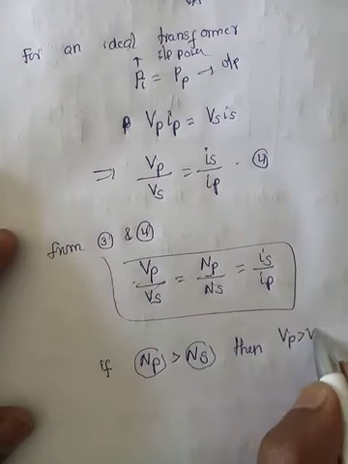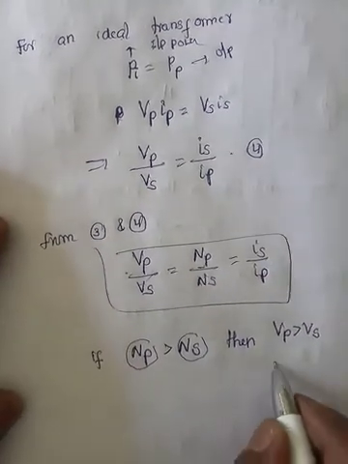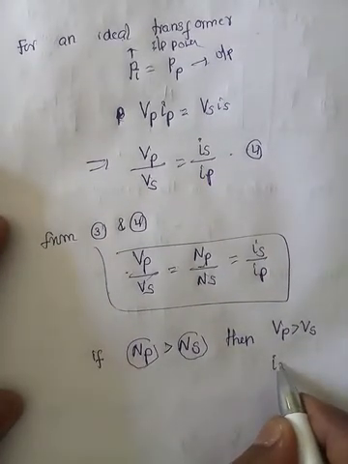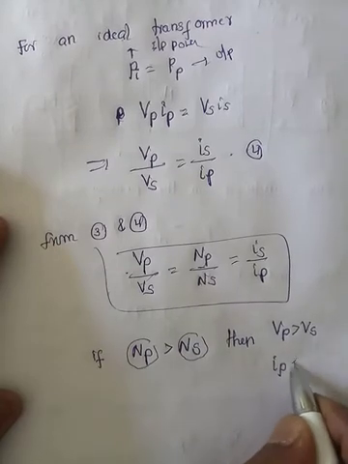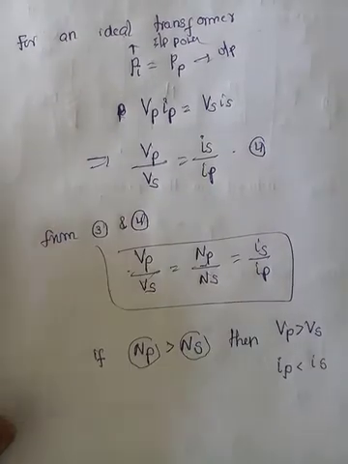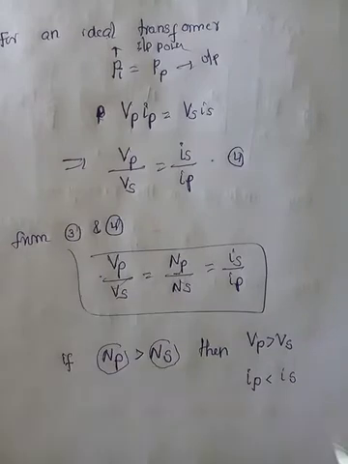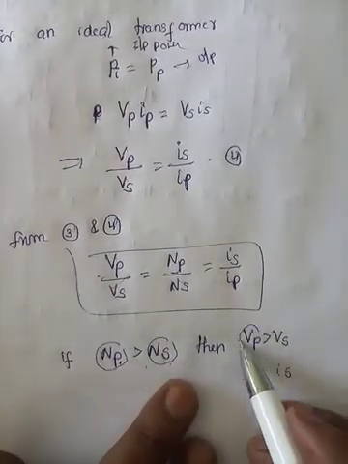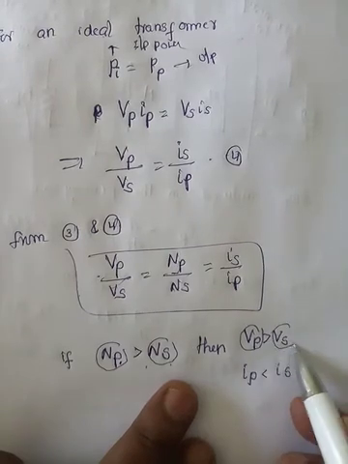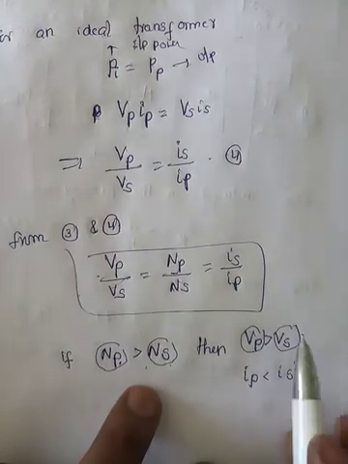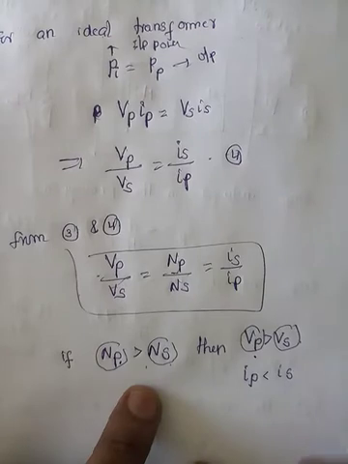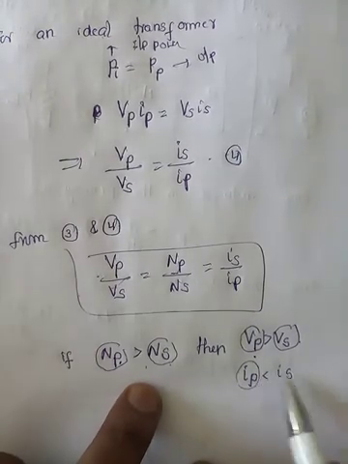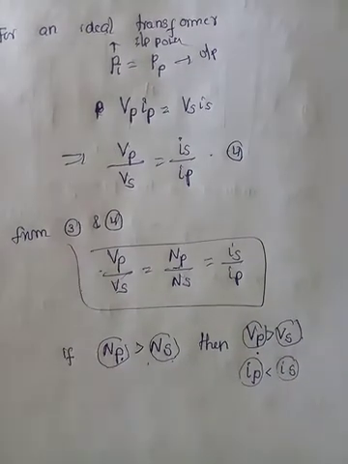Vp is greater than Vs and Ip is less than Is. So our input voltage is greater than the output voltage, but the input current is less than the output current.